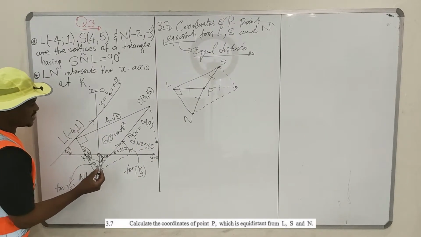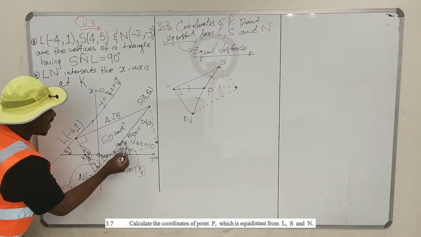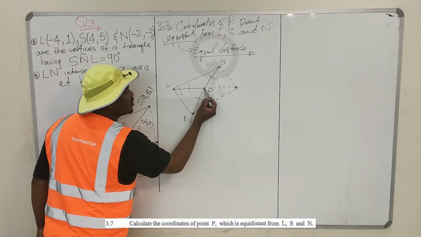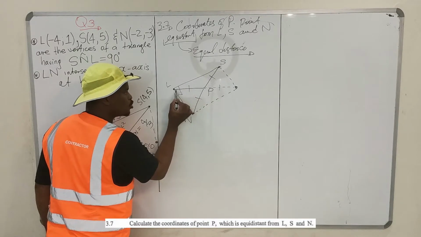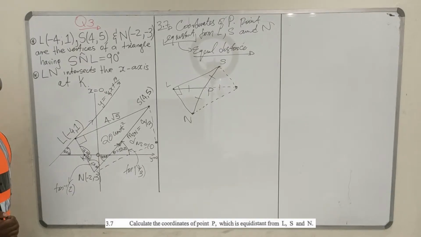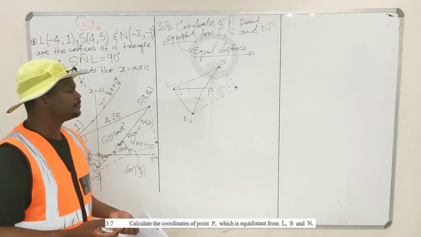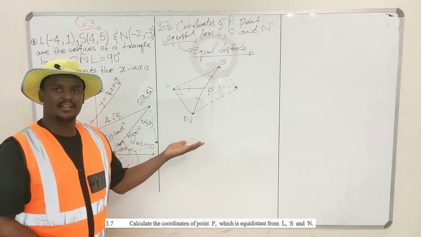So what that means is, if you find the midpoint between S and N, it will also be at equal distance from L. Because if you try to extend like this, it forms something like a rectangle.